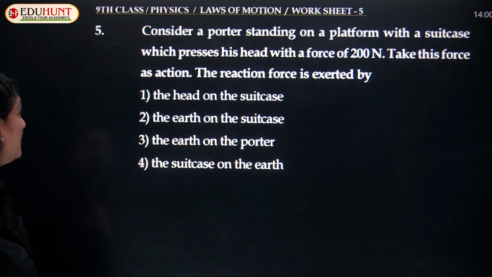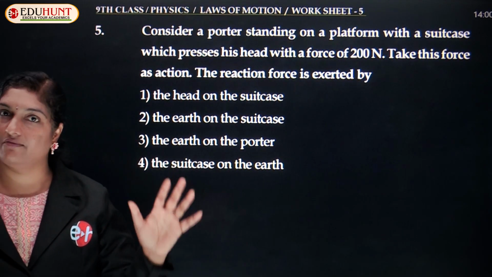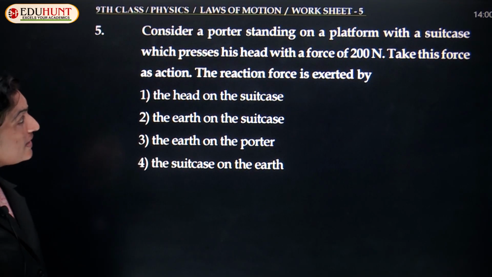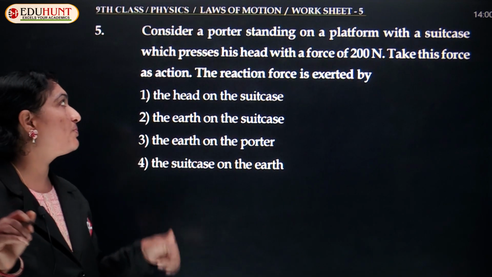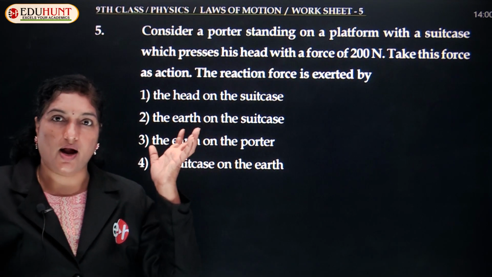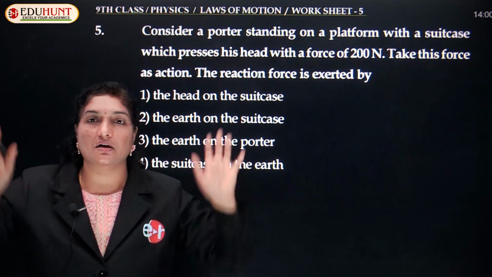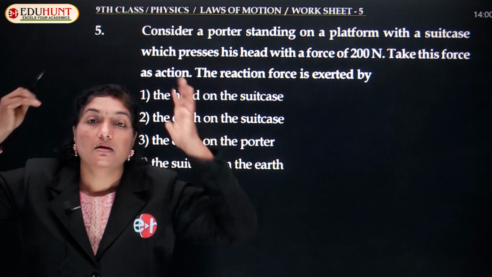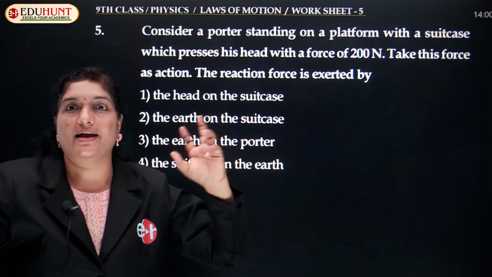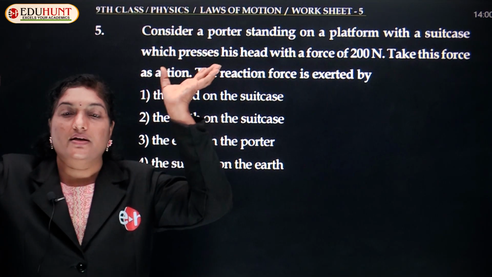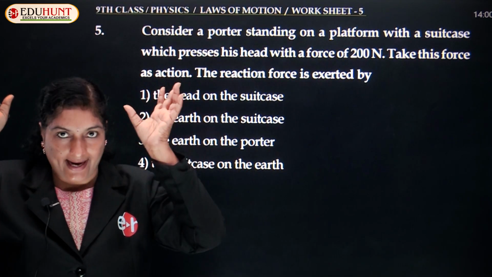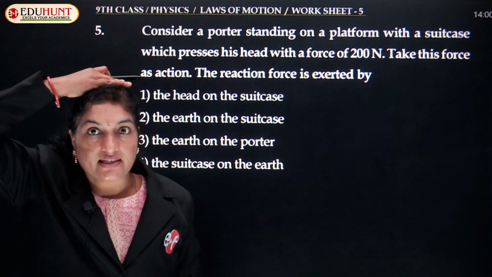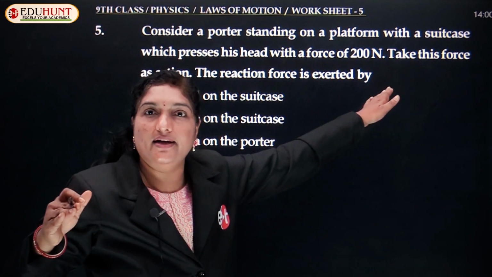Moving ahead with question number 5. Consider a porter standing on a platform with a suitcase which presses his head with a force of 200 newtons. You know railway coolies, they carry our luggage. So this porter is holding a suitcase on his head. This suitcase presses his head with a force of 200 newtons.